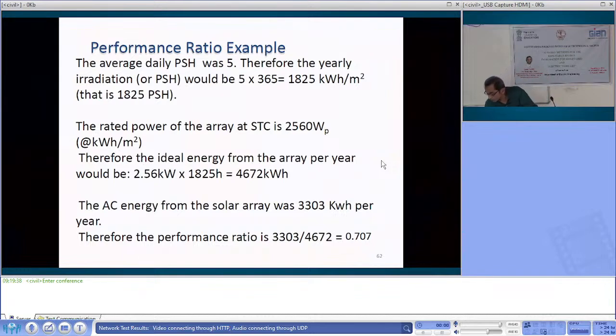But generally you should get 79-80%. The Central Electricity Regulatory Commission, CERC, in India, their rules are there, and it should come within that range. If they say 17 to 19% for capacity utilization factor, and for performance ratio 79 to 81%, you should get that. So these are the checks.